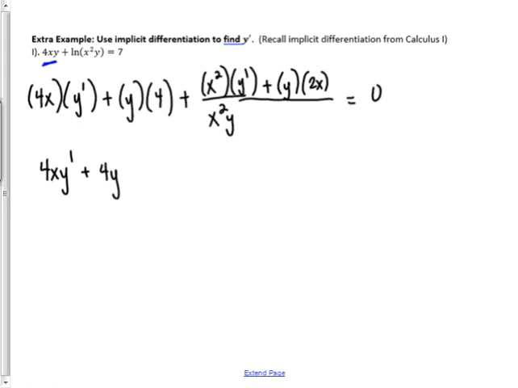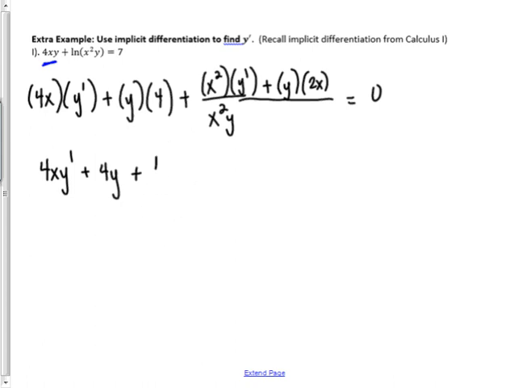All right, now what I'm going to do is split this fraction up. I'm going to stick that x squared y under both of those numerators. So what I'm going to do is x squared y prime over x squared y, but I don't want to write that. I want to go ahead and simplify what happens to the x squareds, so they're going to cancel. So I'm just left with y prime over y.